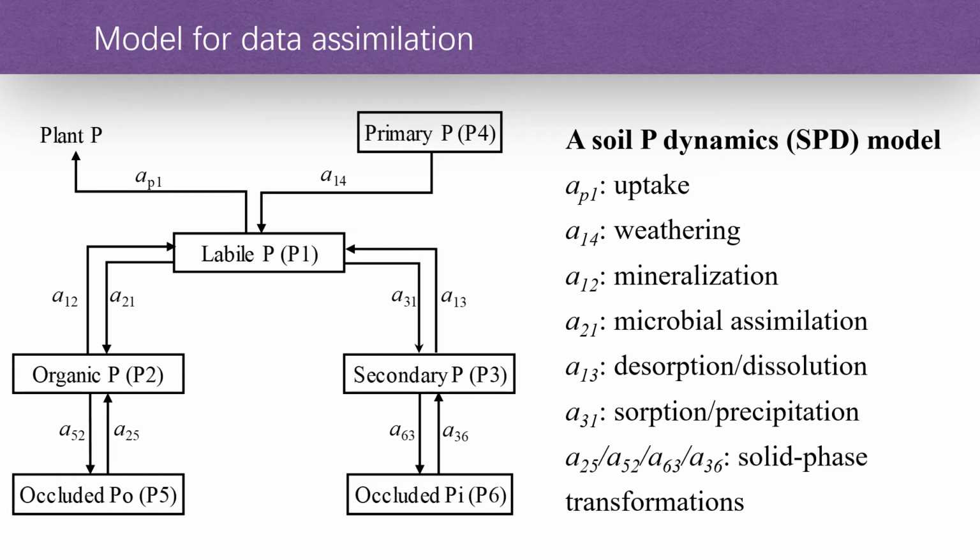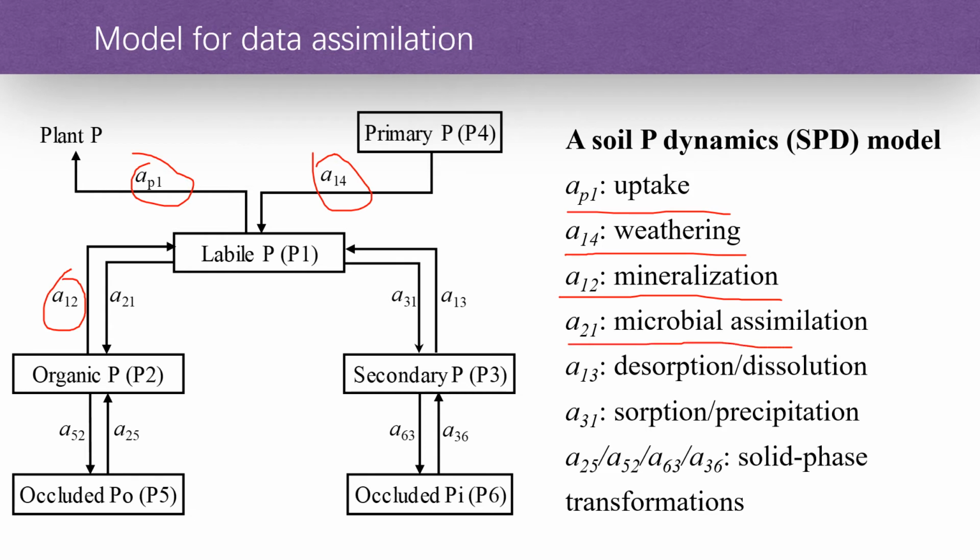The model considered the key ecosystem phosphorus processes, which are plant uptake, as shown here, soil weathering, as shown here, mineralization of organic phosphorus, as shown here, microbial assimilation of inorganic phosphorus, as shown here, and also desorption, dissolution, sorption, and precipitation processes, and also including the solid phase transformations of phosphorus.